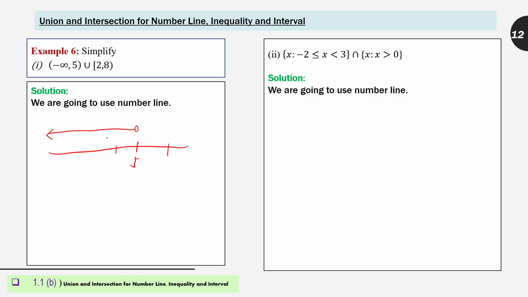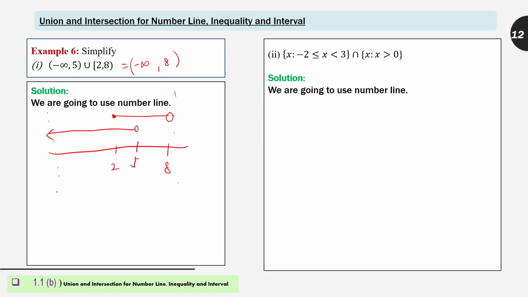You do not need to draw according to scale, it doesn't matter. 2 inclusive and 8 exclusive. This one is a union. So if we only look at the leftmost and the rightmost, inside there is no problem because it is all a solid line. So my answer is: our leftmost is negative infinity and our rightmost is 8, not inclusive.